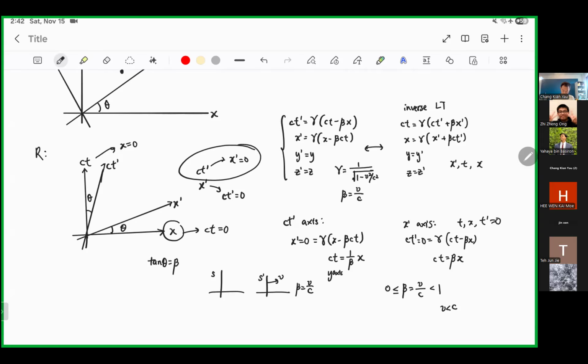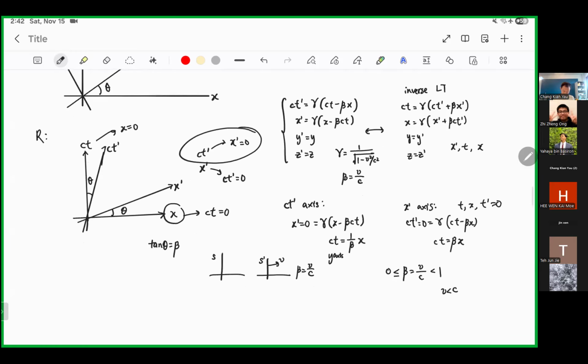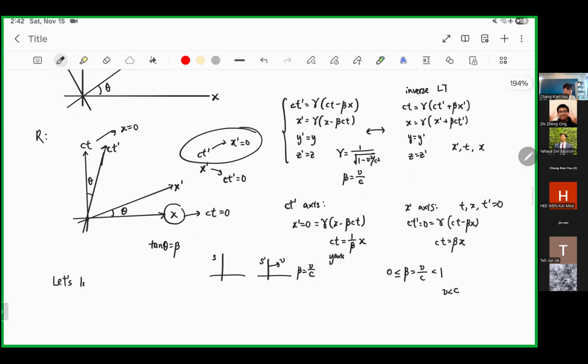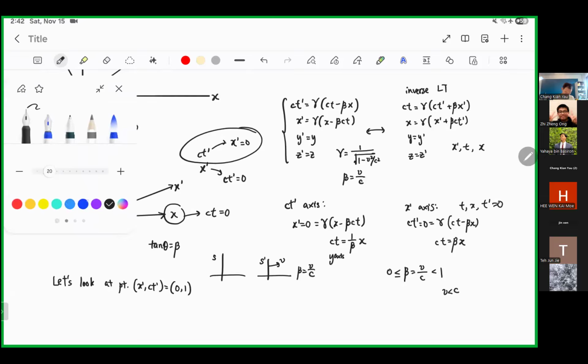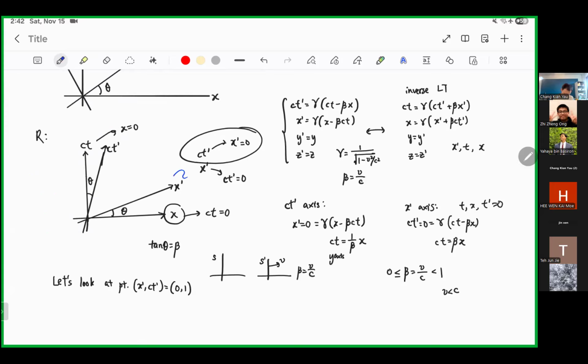Also, let's look at the point (x prime, ct prime) equals (0, 1). This means x prime equals 0, so it's on the ct prime axis, with ct prime equals 1.